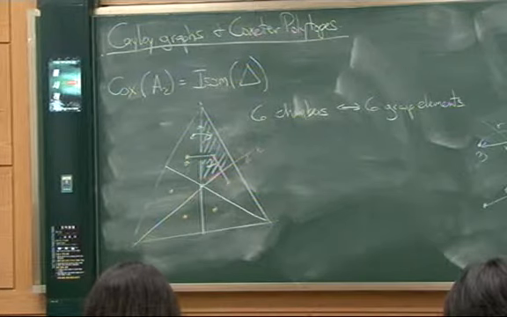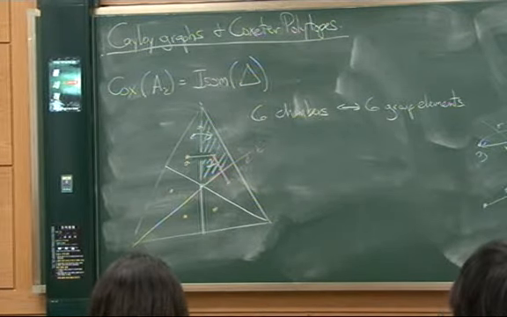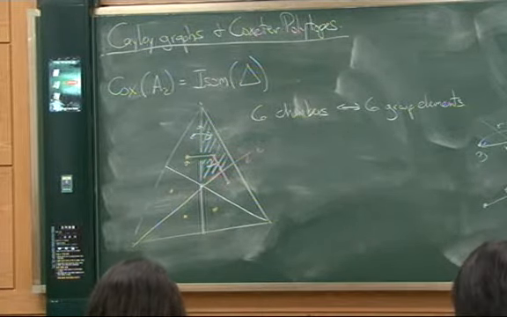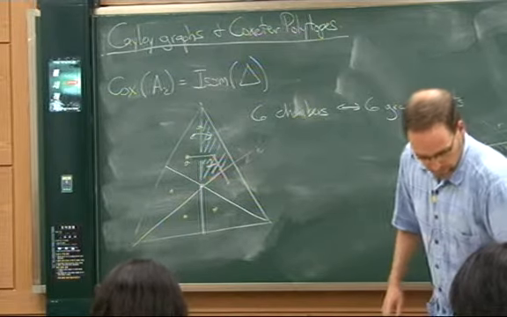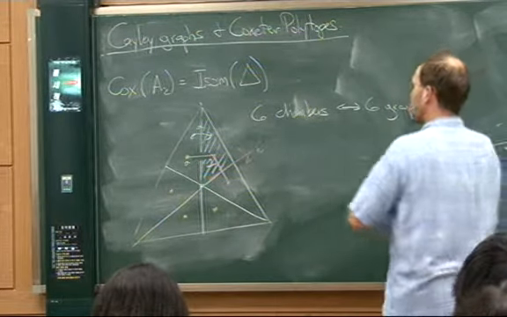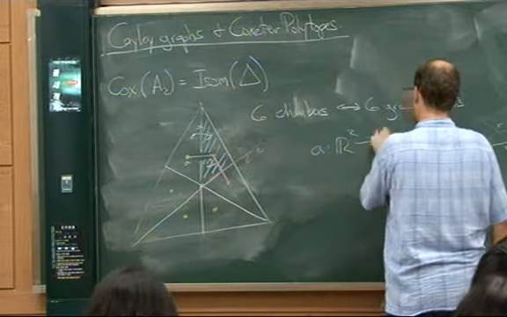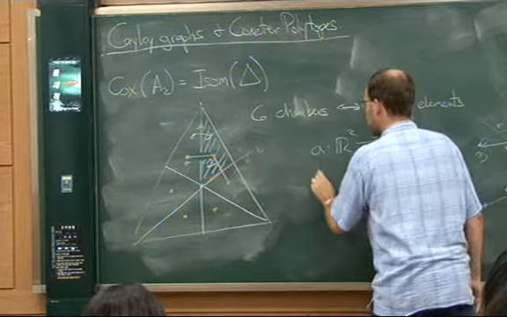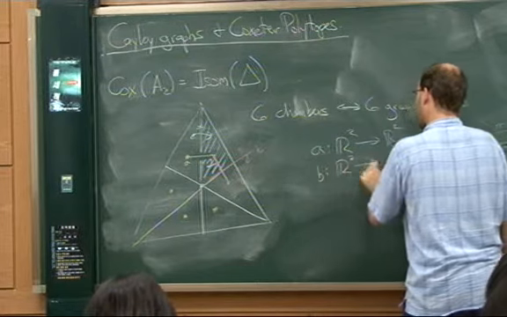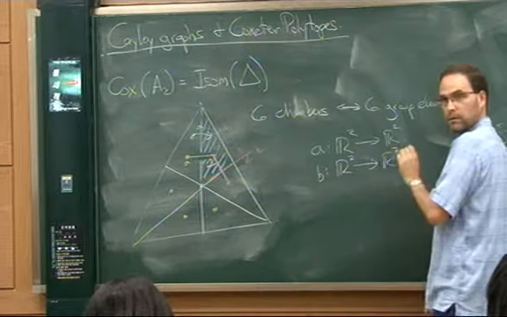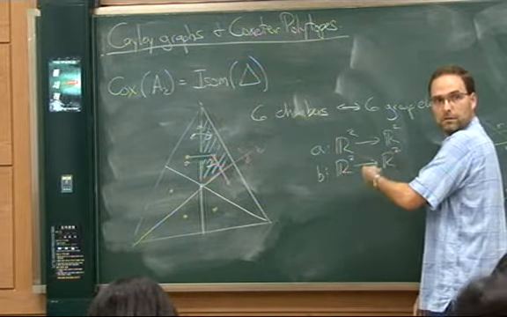Okay, so now I have to say one quick thing, and that is that when I'm looking at a, I'm thinking of a as a map from R2 to R2. I'm thinking of b as a map from R2 to R2. I'm thinking of these as functions, right?